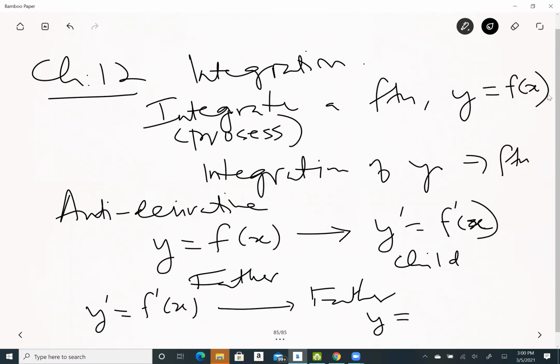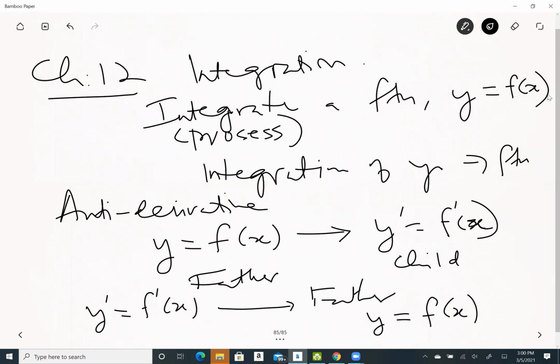So you know y prime, and what you need to do here is find the function. In other words, I know the derivative, y prime. I want to find the function whose derivative is y prime. If we differentiate, we got y prime. So that's why they call it antiderivative. You know the derivative, you go backward, you find the function.